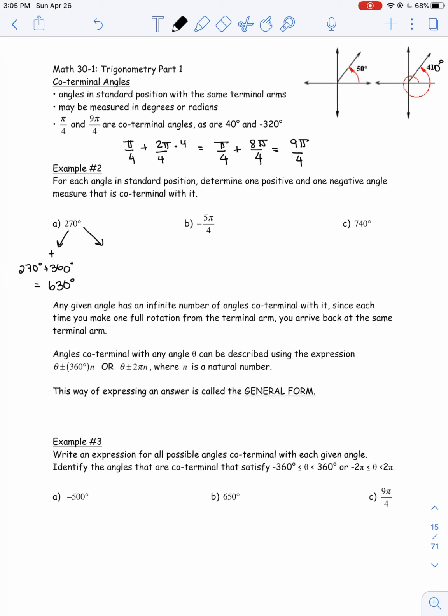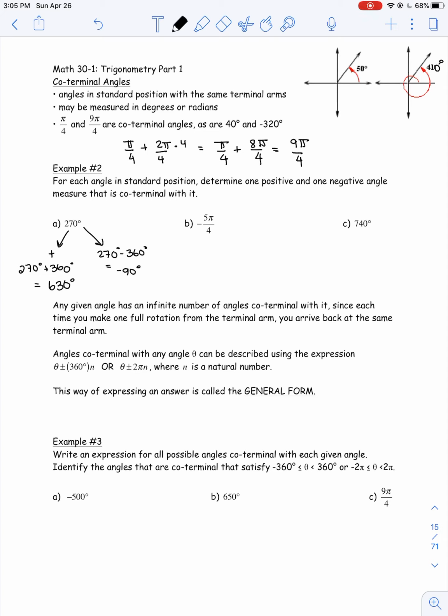So that is coterminal to 270. Another coterminal angle would be 270 subtract 360. So if I want to get the negative one, you just take those two numbers and subtract them. And you get negative 90 degrees.